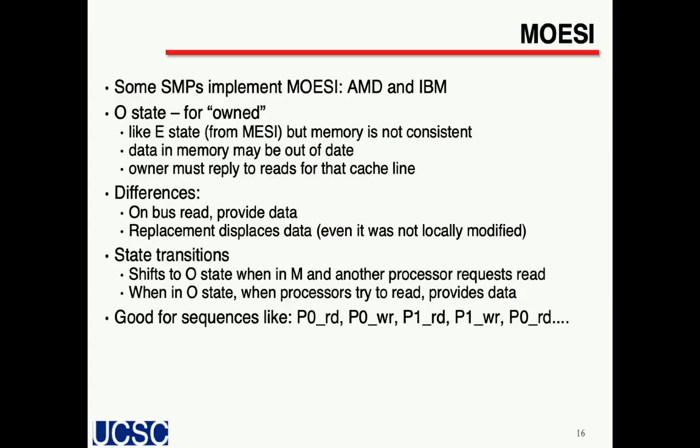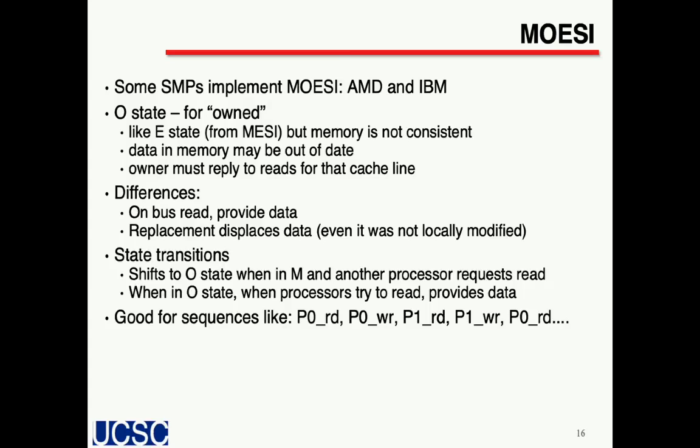The reason you would want this is that it helps reduce latency: if someone else wants the line, you can forward directly from the other cache rather than going to memory. You can imagine if two different caches are ping-ponging the same line, this is going to reduce the number of times you need to go to memory. Normally, you have to write it back and validate the memory. With this O state, you can now be the one who responds.